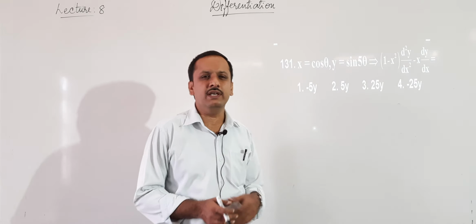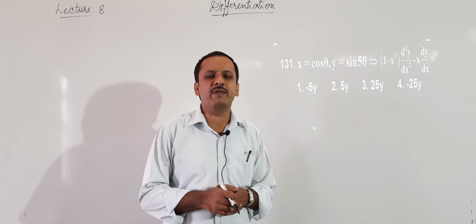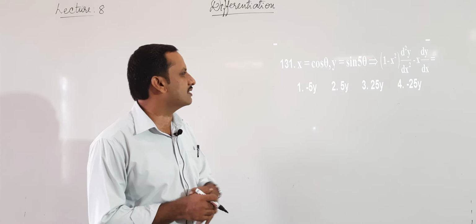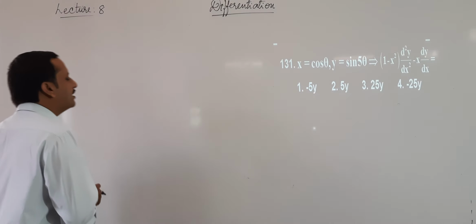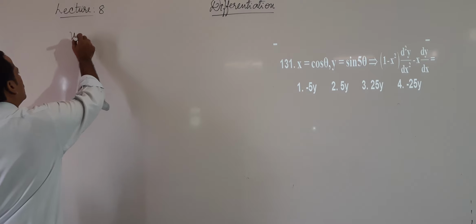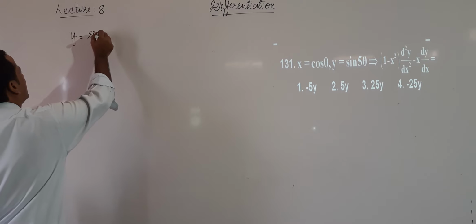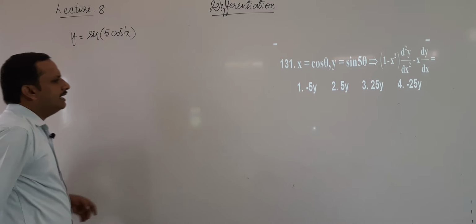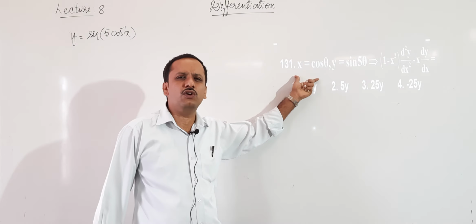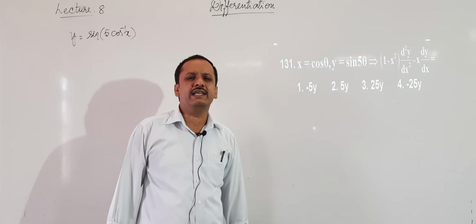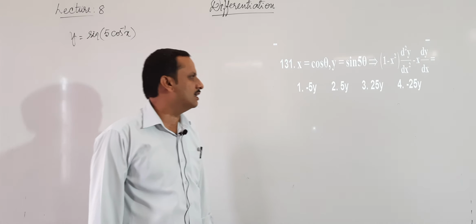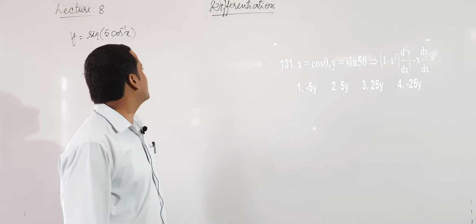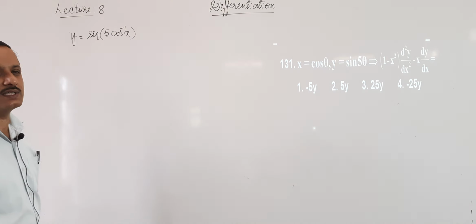From the first equation, you have x equal to cos theta. From there, I can write theta is equal to cos inverse x, so that y is equal to sin 5 theta, which is sin of 5 cos inverse x.